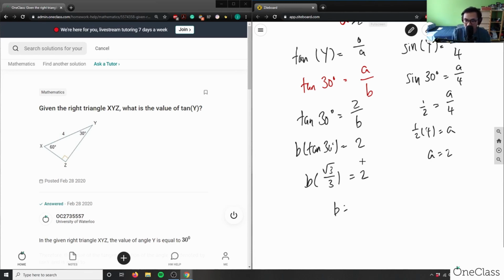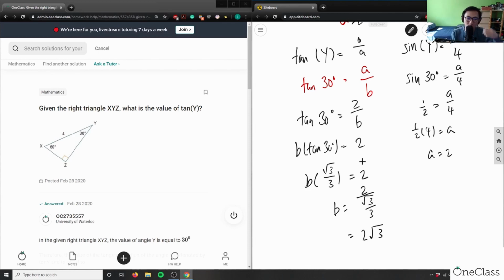If I did that, I would get 2 divided by root 3 over 3, which is simply 2 root 3. That would be my B value.